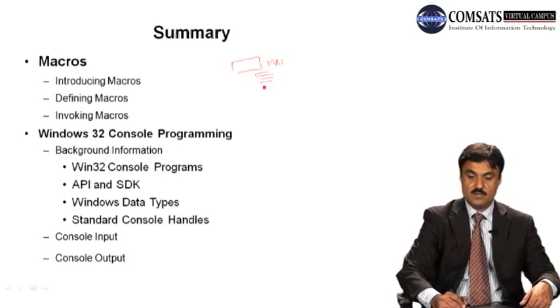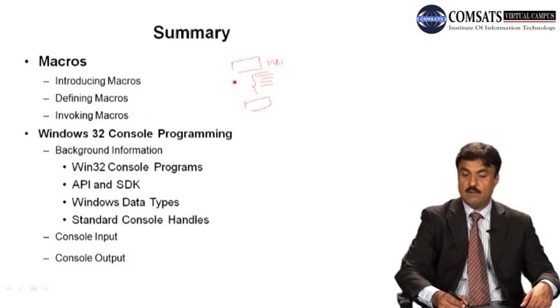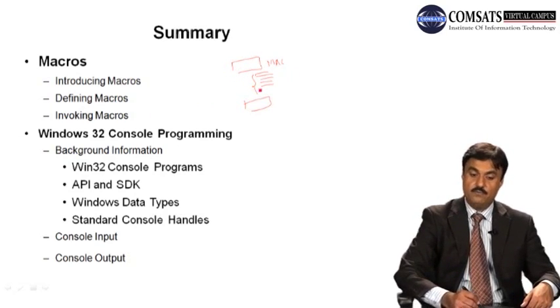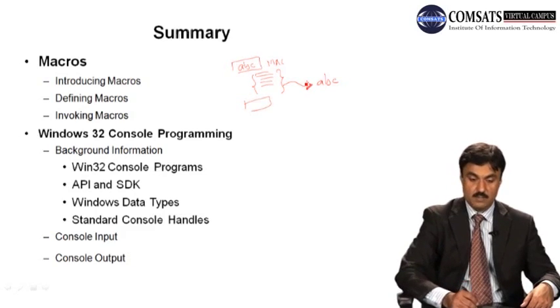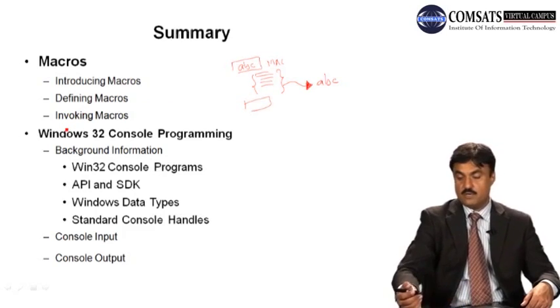There are multiple statements inside this macro, and we have the ENDM and so on. So we define a macro, and we invoke a macro by calling the name of the macro. For example, if the name of the macro is ABC, and in the program I write ABC, then all the statements will be replaced at the place of this macro name. So this is the way you can call them.